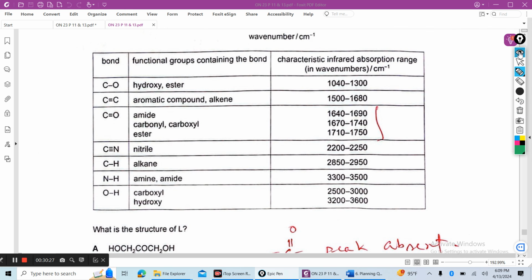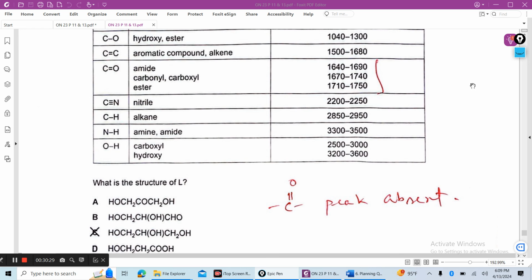So now you are asked what is the structure of L. So L will be an alcohol. Why? A broad peak at 3200 to 3600, and so C is the right answer.